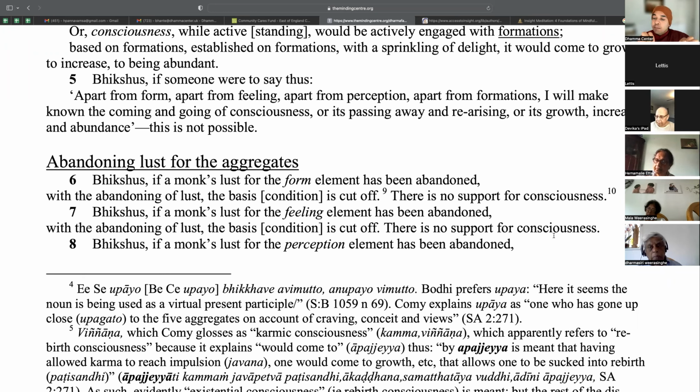Paccavekkhana covers food, shelter, clothing, and besajja, medicines.